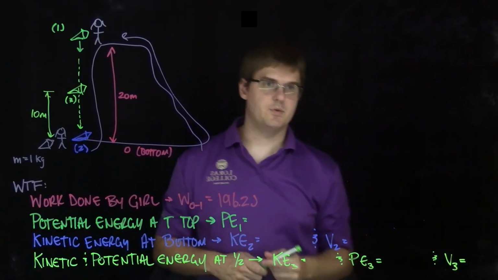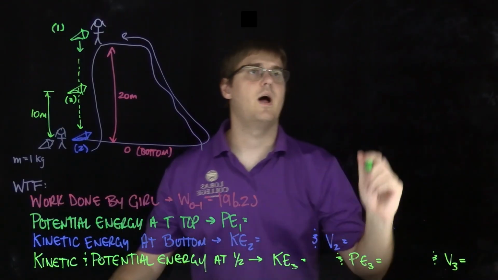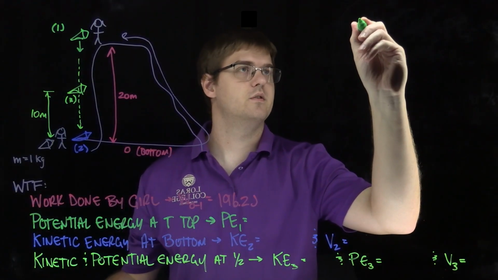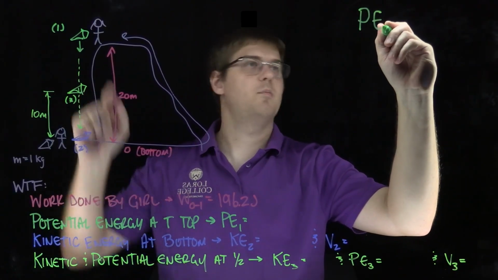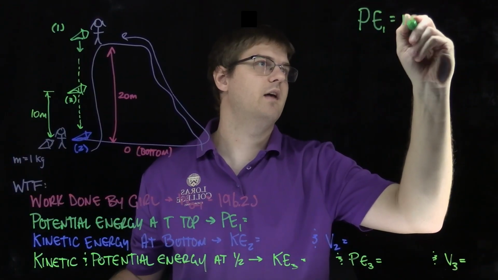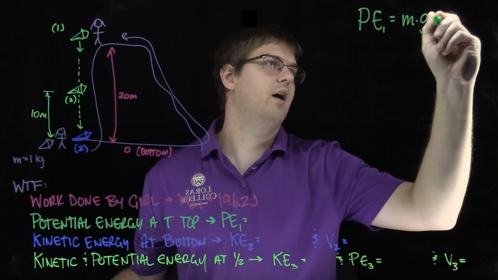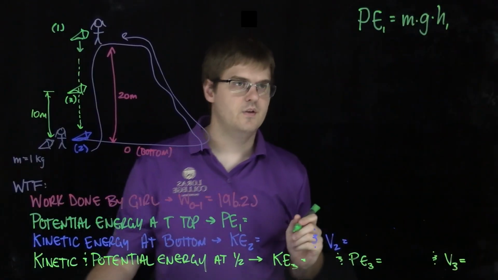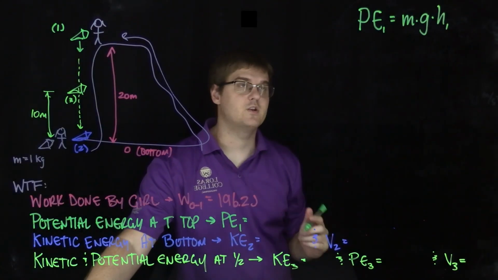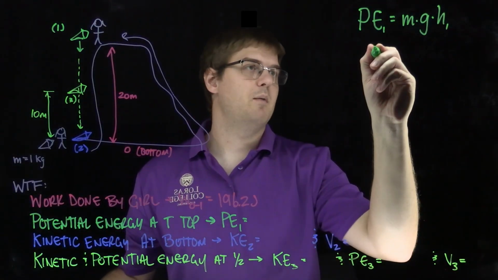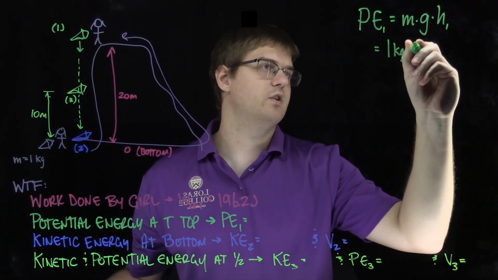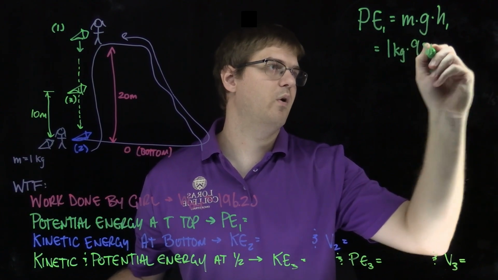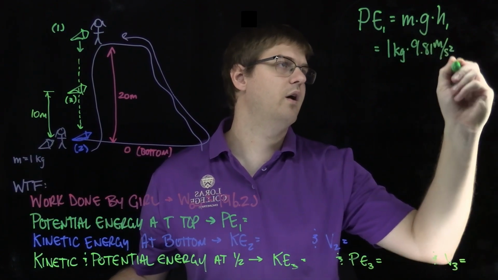Potential energy at the top. Well, that's easy. I have a potential energy equation. That's one of our new equations. Potential energy at 1 is equal to mass times gravity times height at 1. My mass is 1 kilogram. My gravitational constant is 9.81 meters per second squared.